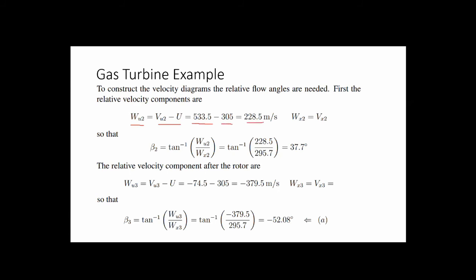We will get Wu2 equal 228.5 meters per second. And so we can calculate beta 2 by using inverse tangent of Wu2 over Wx, and we will get beta 2 as 37.7 degrees.